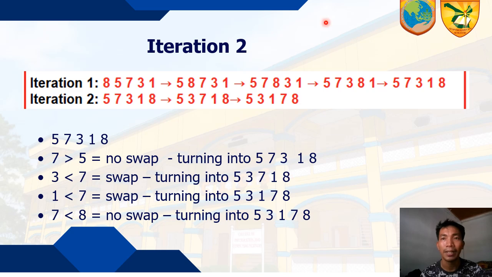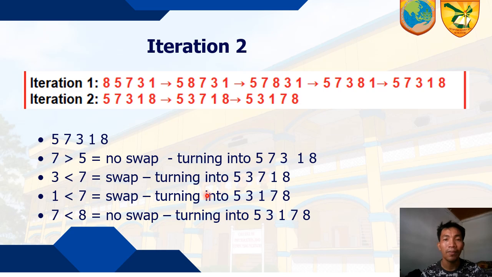Then the next element, 1, is compared to 7, and 1 is less than 7. True. So we perform the swap, which results in a sequence like 5, 3, 1, 7, and 8.